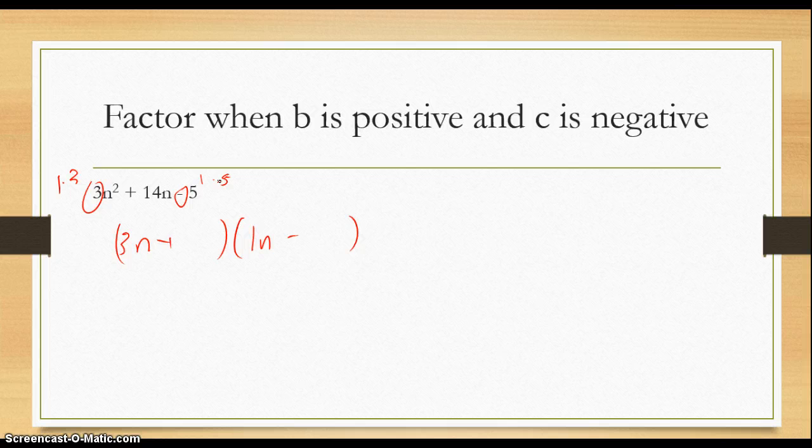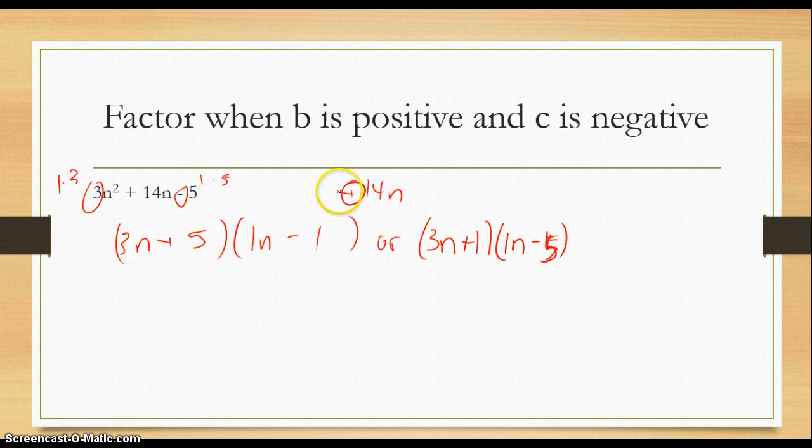So, guess and check. You could put the 5 here, 1 here, or you could switch that. Oops, sorry. It's supposed to be a 5. But again, in the end, we got to make sure that we have a positive 14n.